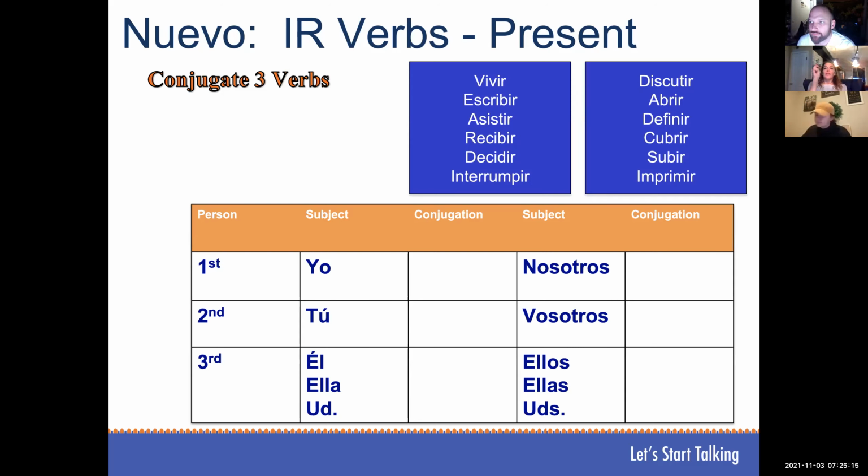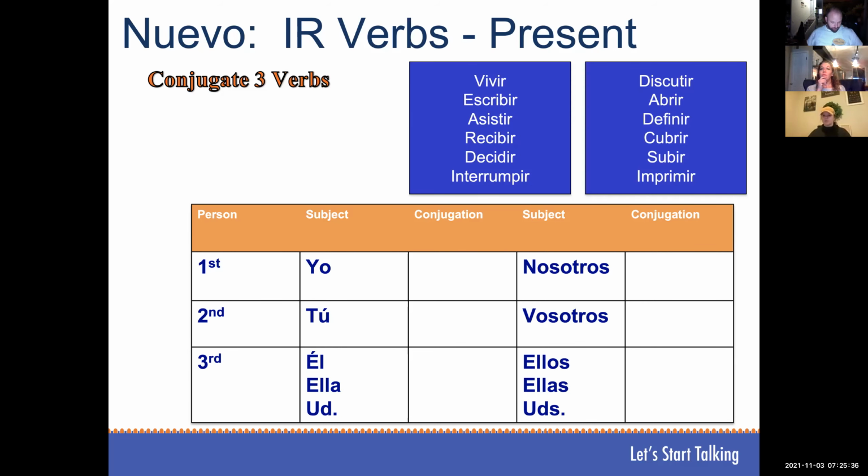Recibir, receive. Decidir, decide. Interrumpir, to interrupt. Discutir, argue. Abrir, so open, to open, good.